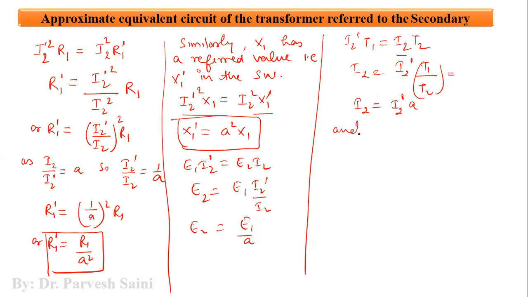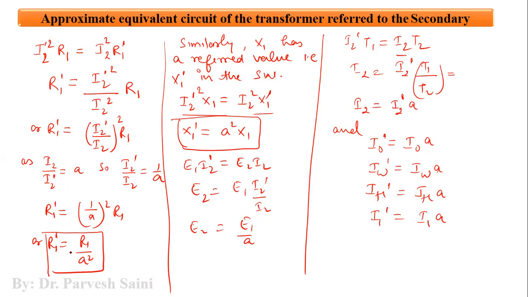And I naught dash is equal to I naught into A. I w dash is equal to I w into A. I mu dash is equal to I mu into A, right? And I1 dash is equal to I1 into A. So now you can see the trend here.